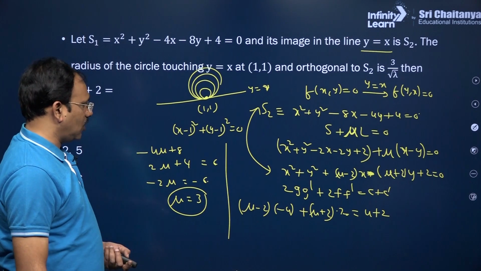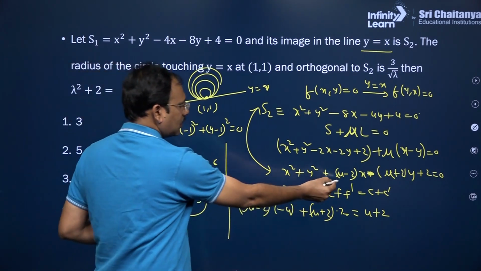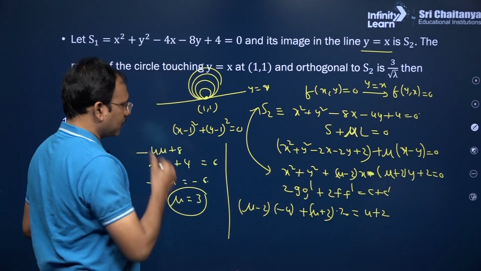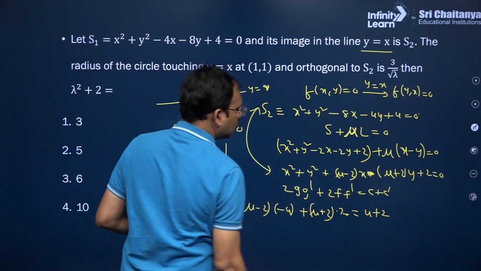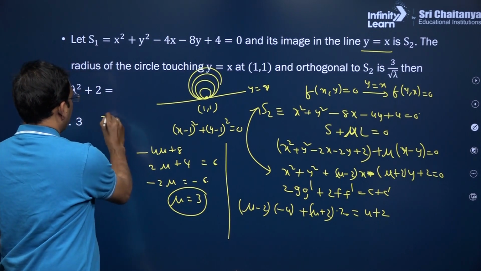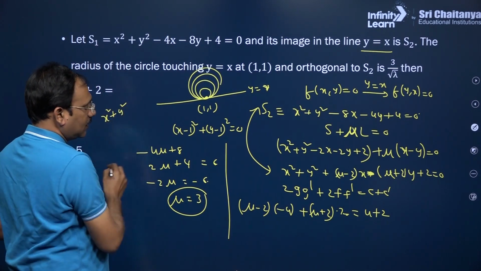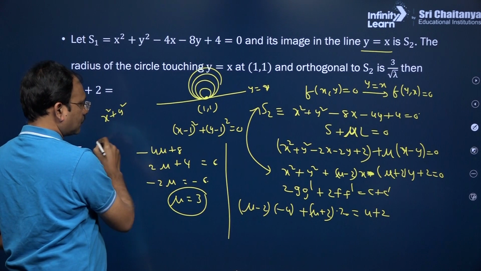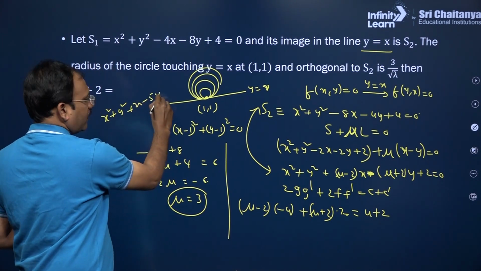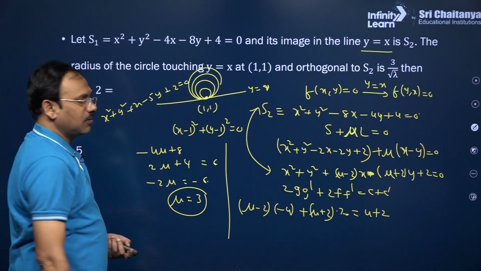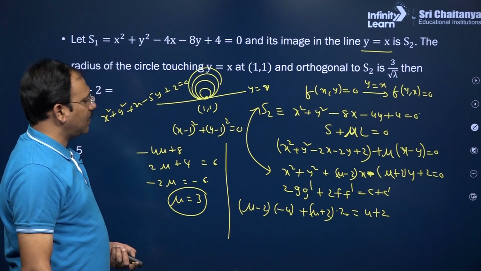Once mu is 3, you just try to find this circle, you can find its center. This is 3 minus 2 is 1, 3 plus 2 is 5, right. X square plus y square, this is 3 in the sense, plus x, this is going to be minus 5y plus 2 equal to 0. This is the required circle, my dear friends.